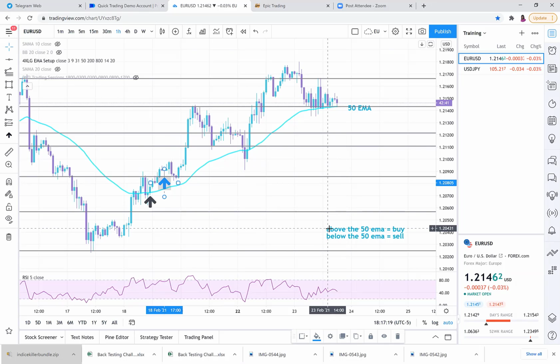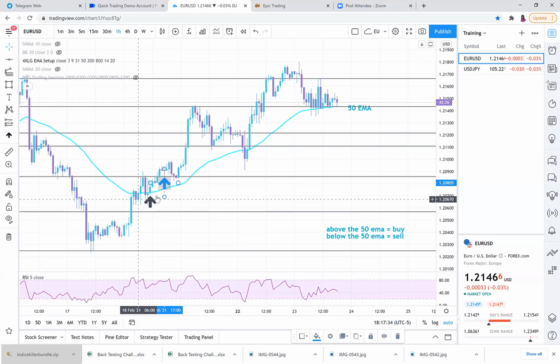The reason that I like this second entry better than the first one is that this first entry is literally in the middle of our zone. And so if we entered here, where would we put our stop loss? Well, one train of thought is you can put your stop loss below the previous candle. So there's an option.